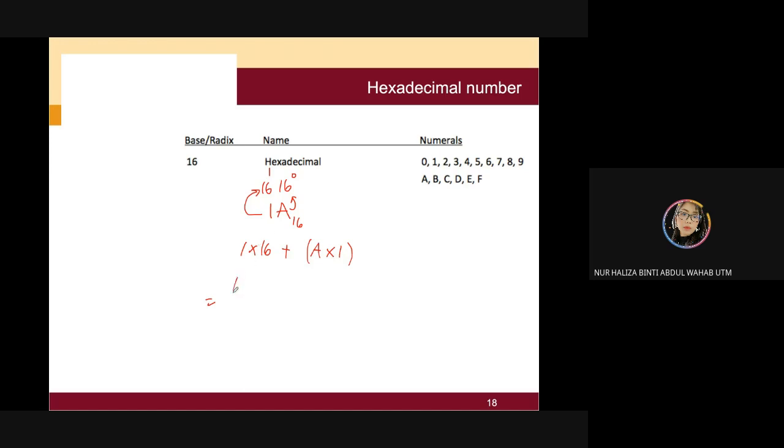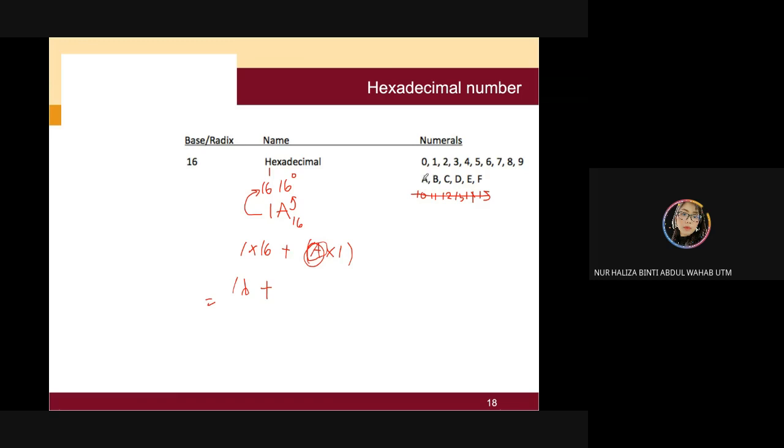You have 16 plus, what is A? The A value, as I mentioned, is supposed to be 10, 11, 12, 13, 14, and 15. But you cannot show it like this.